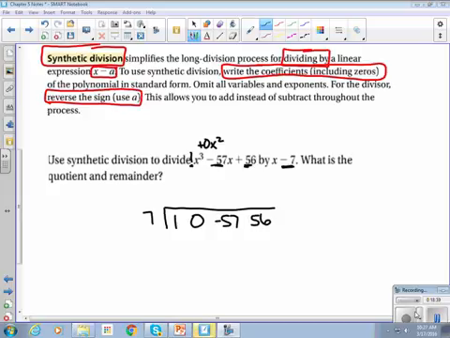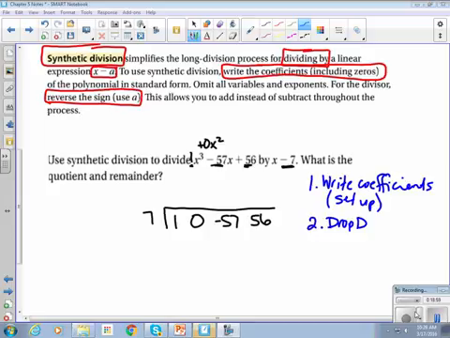So if we're putting together a process for this, I would say step 1 is to write coefficients, and essentially just set up. Step number 2, we are going to drop down the first coefficient.